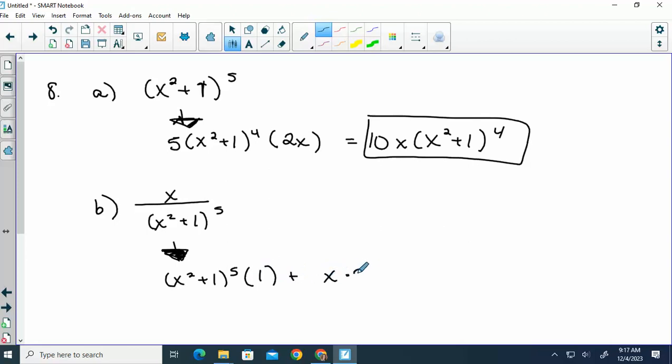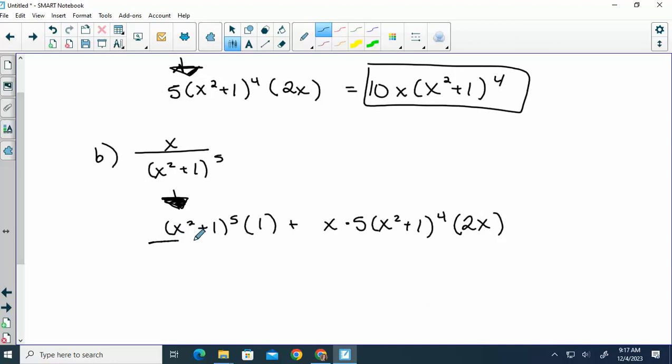So the 5 comes down, inside stays the same, subtract 1 from the power, derivative of the inside. Isn't that what we just did right there on part A? All over, don't forget your denominator, low squared. If it was to the 5th, when you square it, it is now to the 10th.